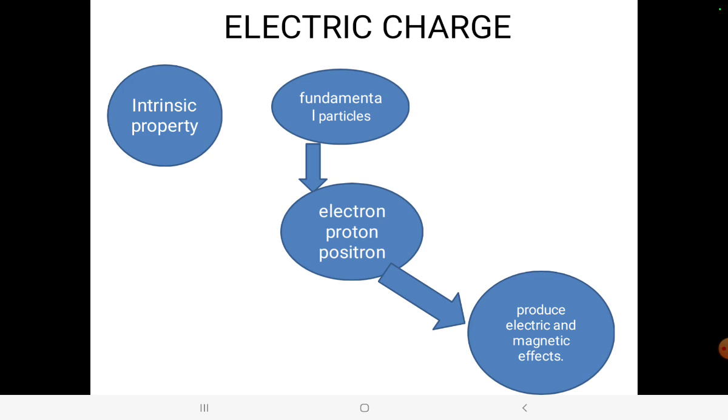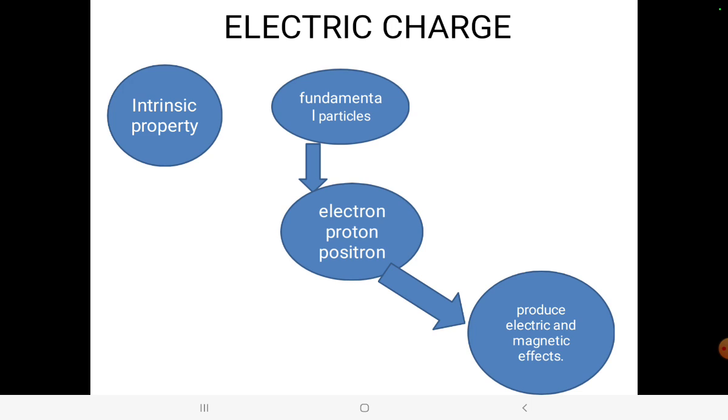You will learn this further in later classes, in the lesson on magnetic effects of electric current.